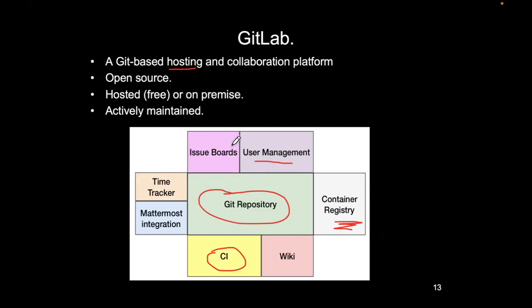Issue tracking for bugs that are detected during the CI/CD execution. We need to somehow record those bugs somewhere and assign people to fix those bugs. So that can all be managed using the issue tracking component within the platform.